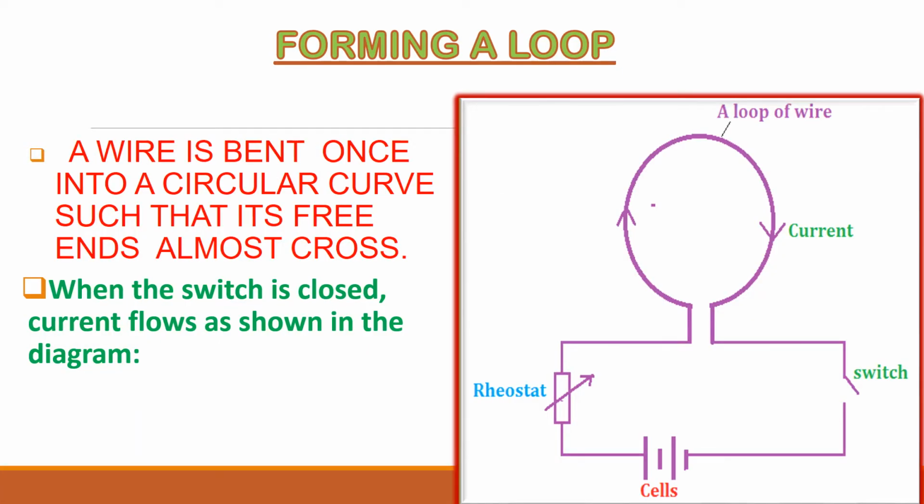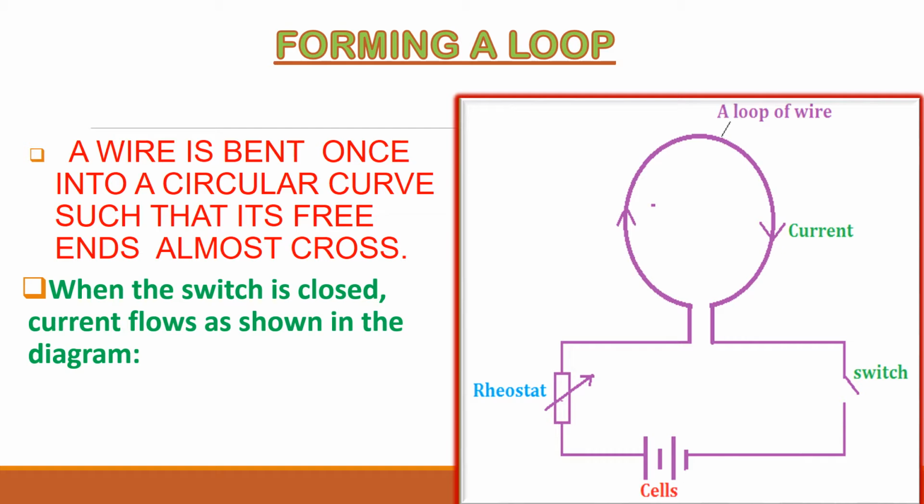So let's start with this. What is a loop? Can you define a loop? Good trial. A loop is a piece of wire that has been bent into a circular path.